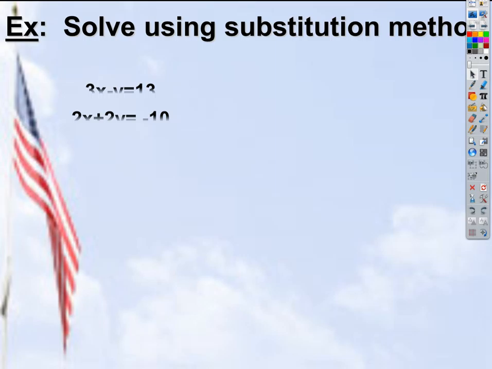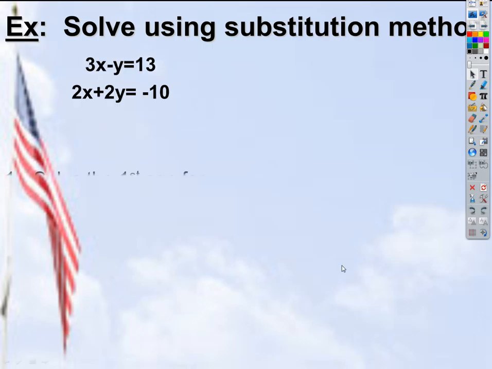What's the variable? There's only one variable here that would be worth isolating. Which one is that? The y. The y in the top one is easy to get by itself, isn't it? Because it's got a negative sign, a coefficient of -1. So if I take that first equation and I want to get the y by itself, there's a couple ways to do that. One way is I could push the 3x to that side and multiply or divide by -1.